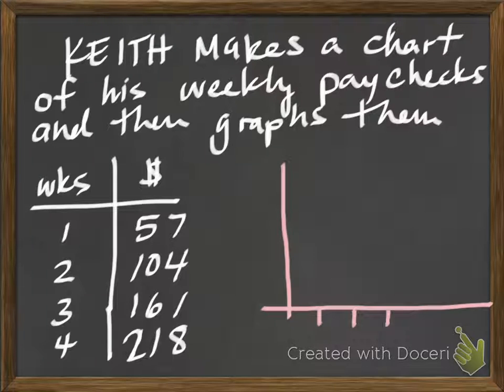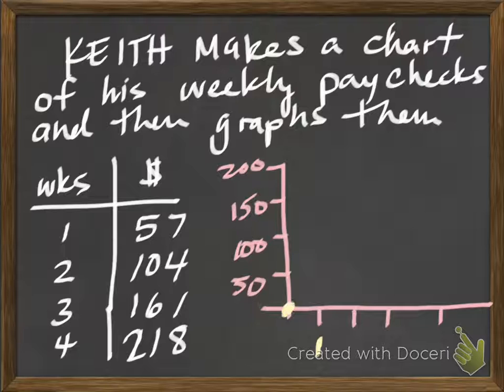1, 2, 3, 4. Let me go up by 50s just to make this real rough. 50, 100, 150, 200. Alright, so at 0 weeks of working, he's made no money.